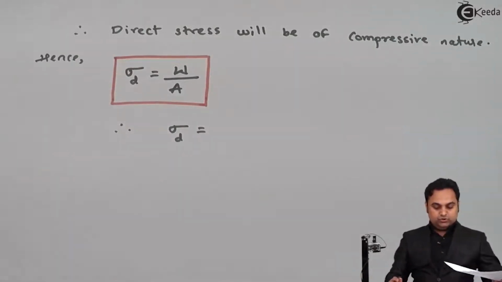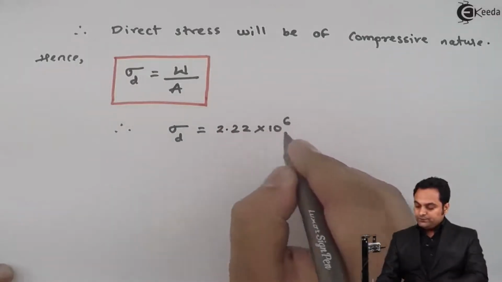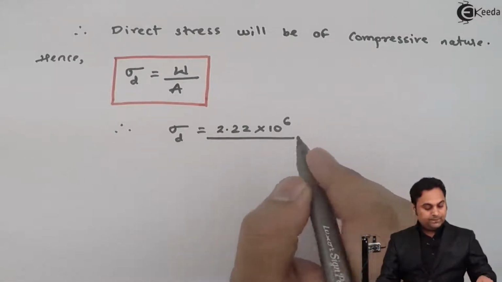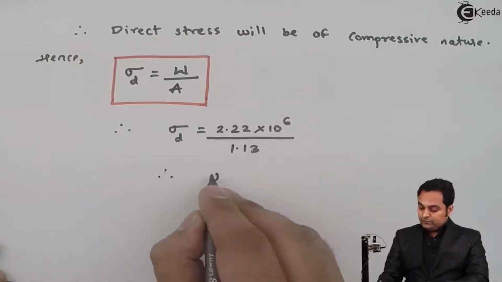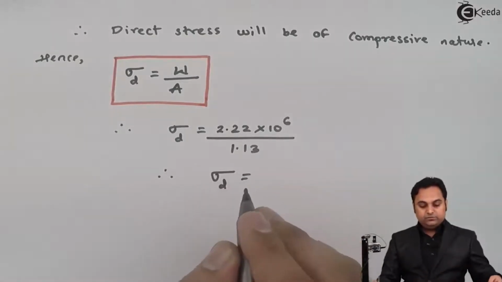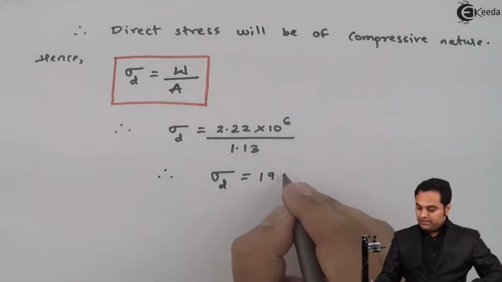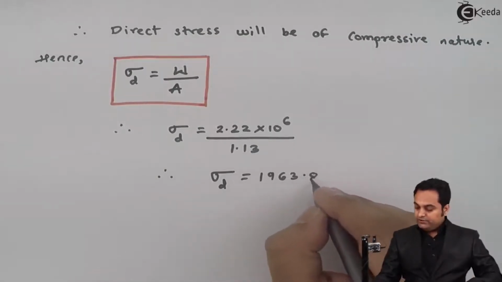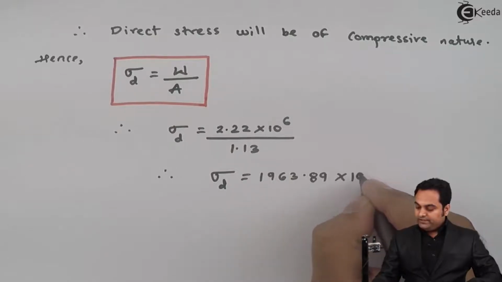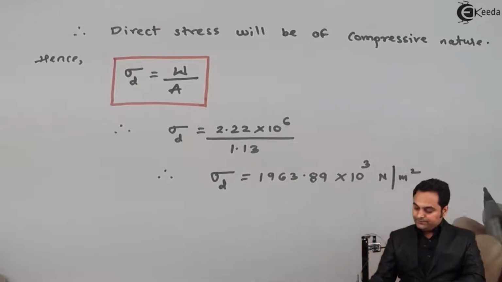It was 2.22 into 10 raised to 6 Newton, area 1.13. So from this the direct stress value comes out to be 1963.89 into 10 raised to 3 Newton per meter square.